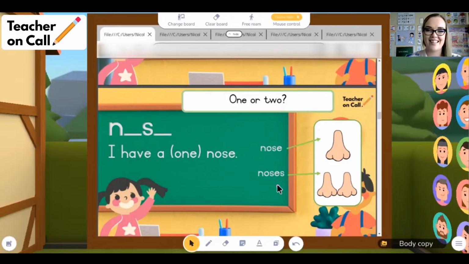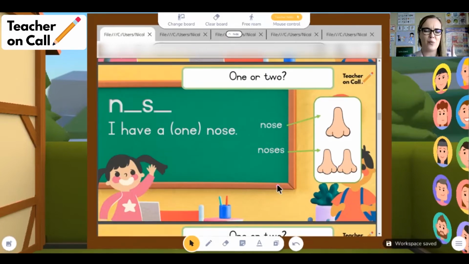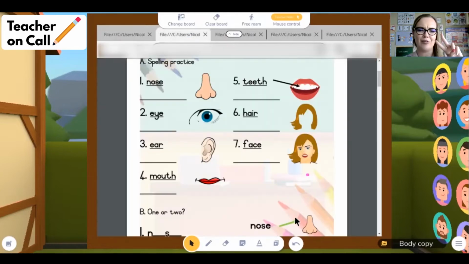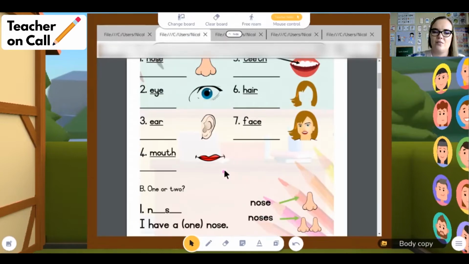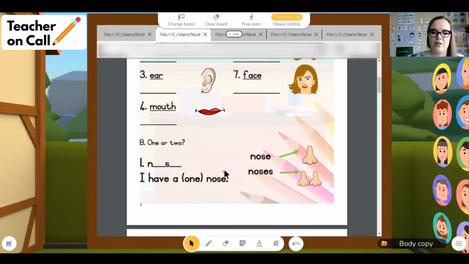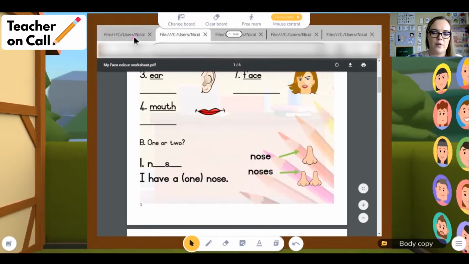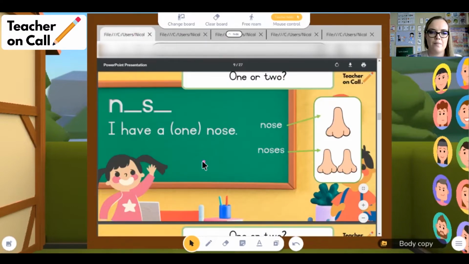All right, let's have a look. How many do you have? One or two? On your worksheet, you need to fill in the answer. You need to choose the answer for one or the answer for two and write it on the worksheet. So I have a nose. A means one. I have a nose.